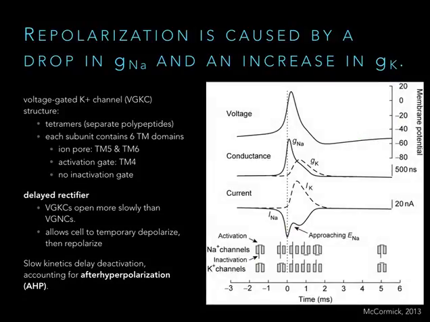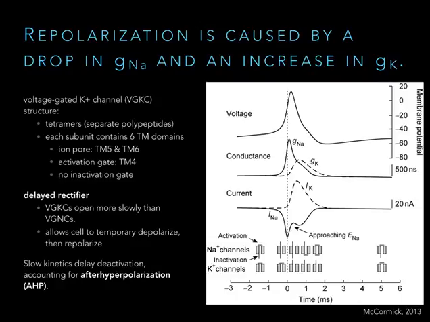Look at that middle graph there, the conductance. The conductance is how much movement of ion there is, essentially, or how many ion channels are open. So when you increase the conductance, you increase the number of ion channels that are open. Notice that the sodium conductance increases much more rapidly than the potassium conductance. That's because these ion channels just open more slowly.